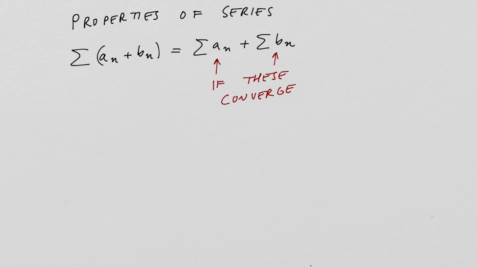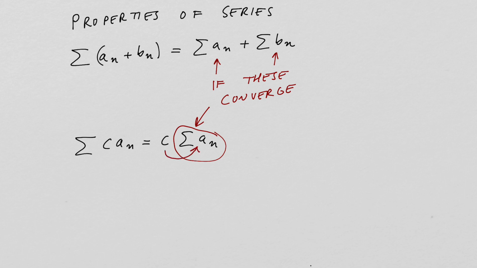If we have two converging series and we take their general terms and form a new series as the sum of the general terms, then we will have a simple formula for the sum of the new series. If we have a converging series, then we can put a constant inside the series or take it out from the series.